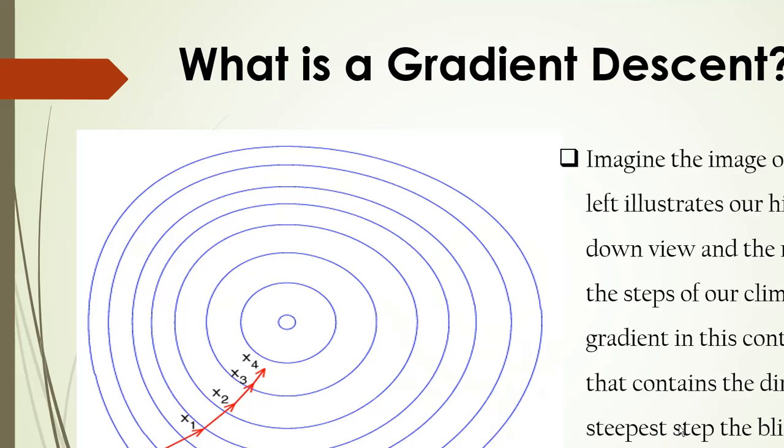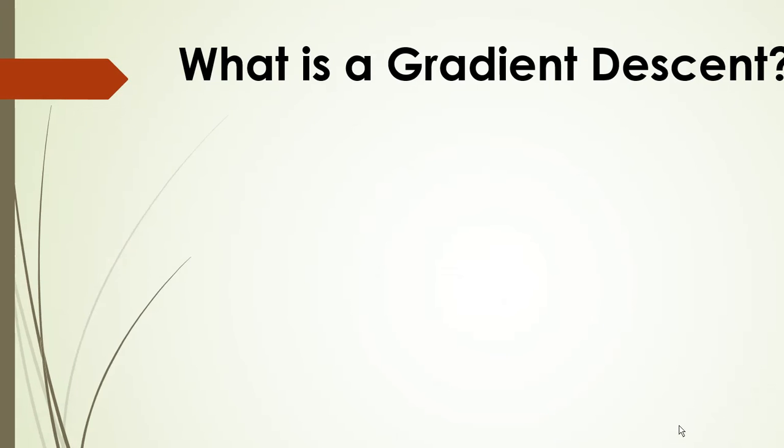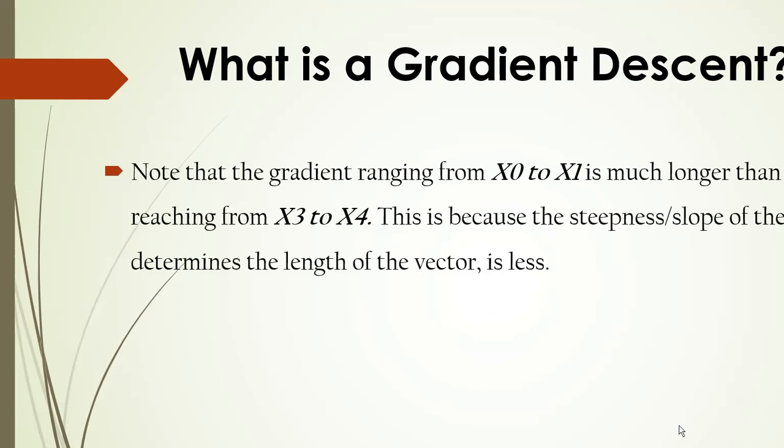Imagine the image on the left illustrates our hill from a top-down view, and the red arrows are the steps of our climber. Think of a gradient in this context as a vector that contains the direction of the steepest step the blindfolded man can take, and also how long that step should be. Note that here the gradient ranging from x0 to x1 is much longer than the one reaching from x3 to x4.